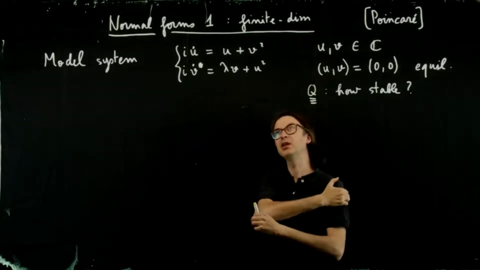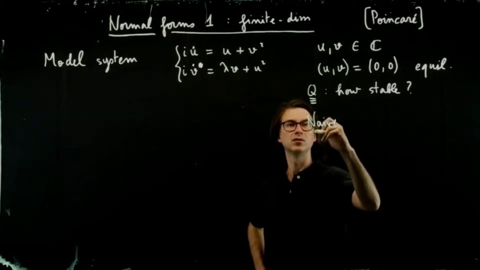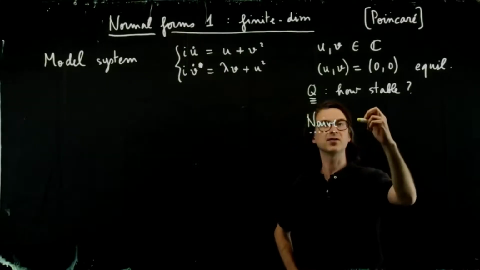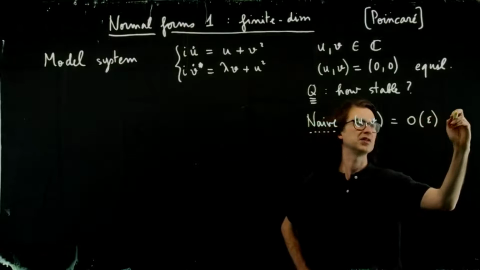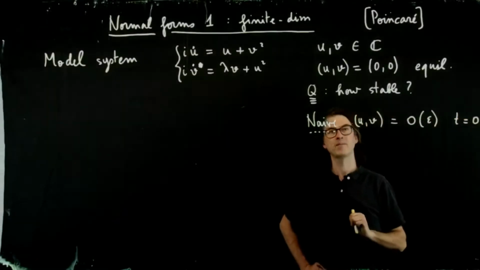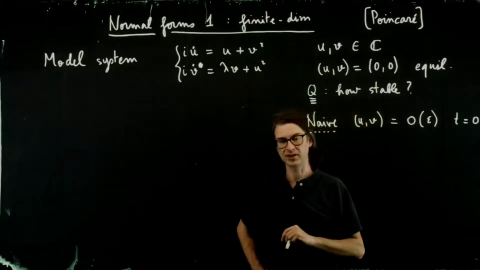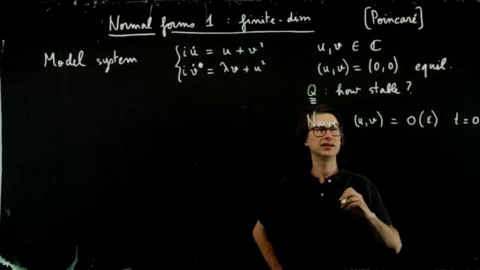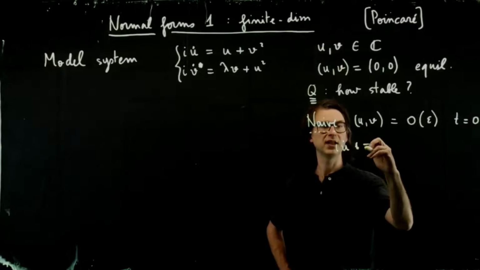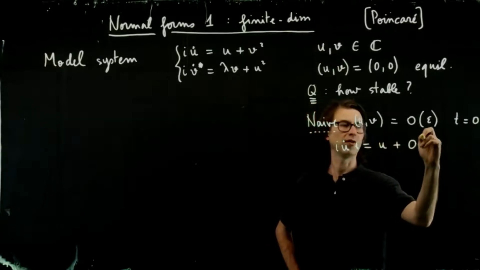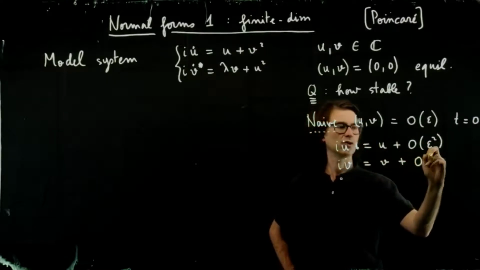So, the most naive answer is to say, okay, let's consider a perturbation U, V to be O of epsilon at time 0. In other words, you perturb the equilibrium by something of the order epsilon. Then heuristically speaking, i U dot equals U plus O of epsilon squared, and i V dot equals V plus O of epsilon squared.